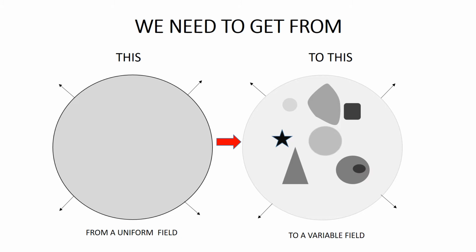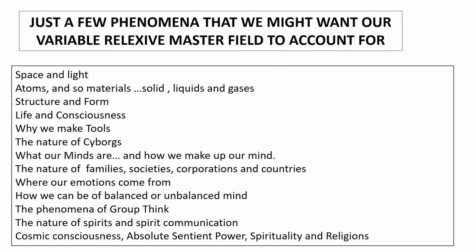If we are going to build everything into this field, the choice of what we might look at in a short time is very arbitrary. So, we will just take some very diverse phenomena and see if we can explain their existence.